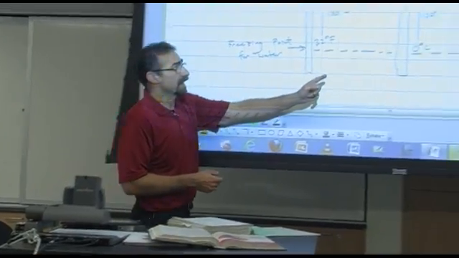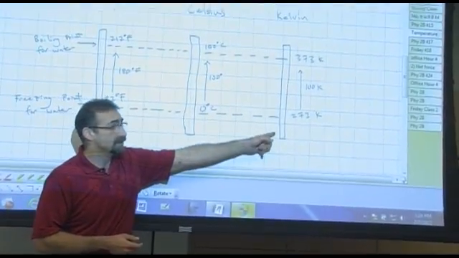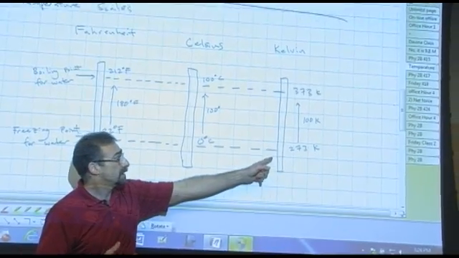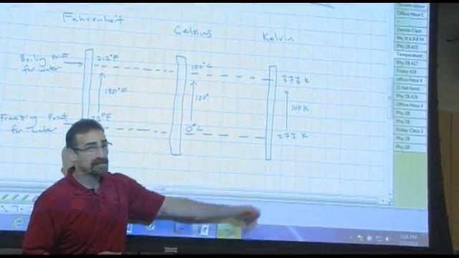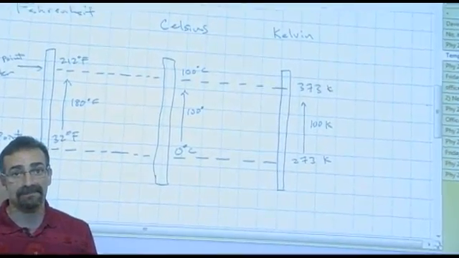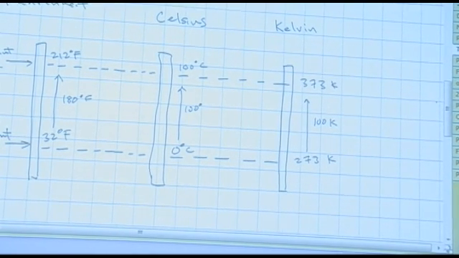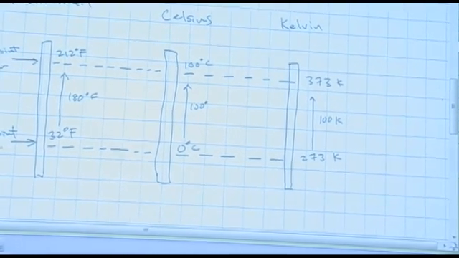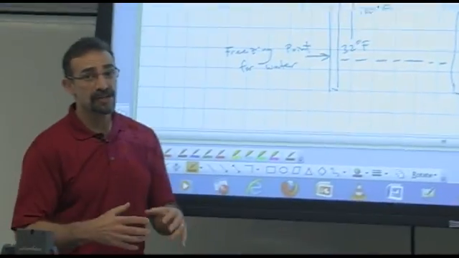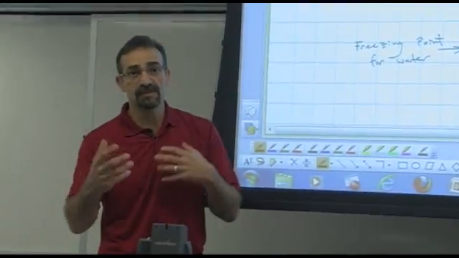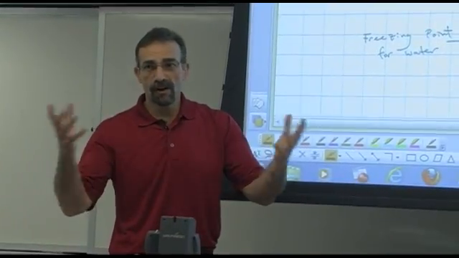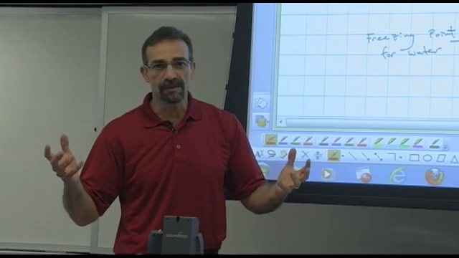That's why the Kelvin scale came along, and that's the one that we use in most of our equations. The Kelvin scale starts at what we call absolute 0. So we're going to talk a little bit about what that means. I already told you temperature measures how fast the molecules are moving around. And everything is made up of atoms and molecules.